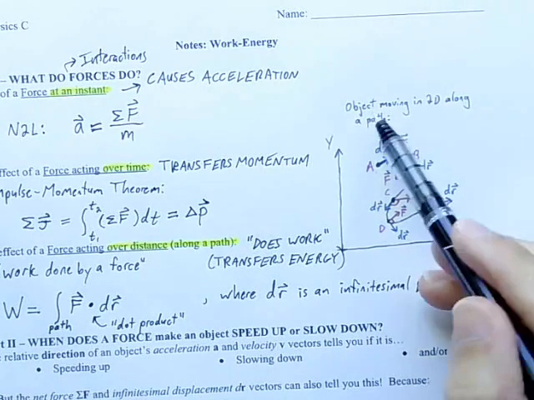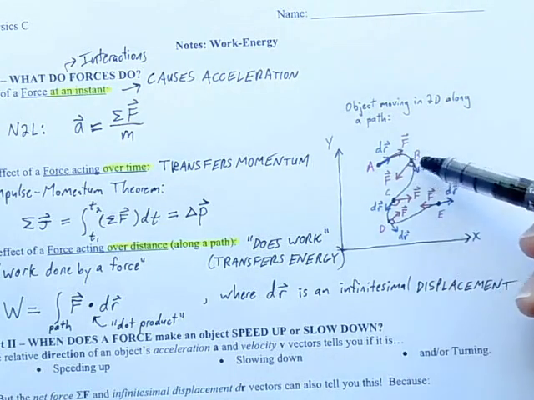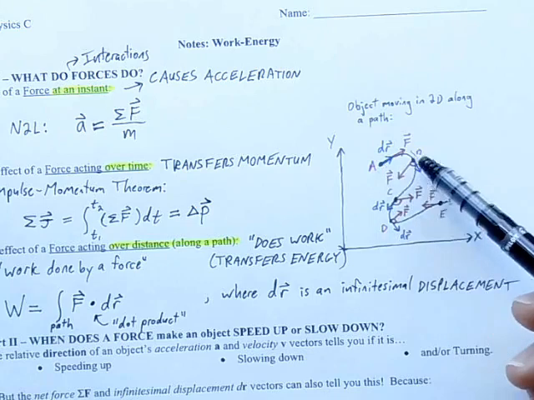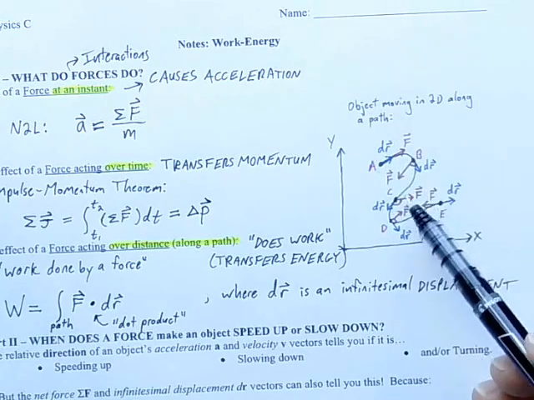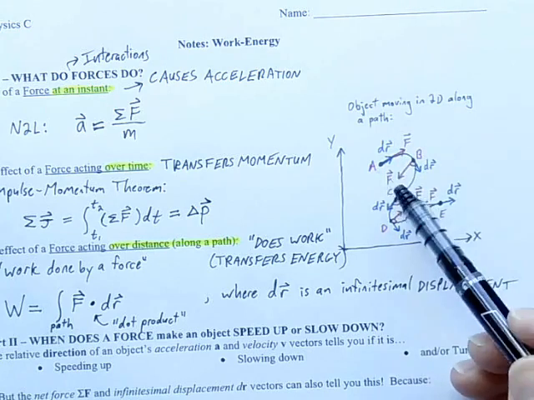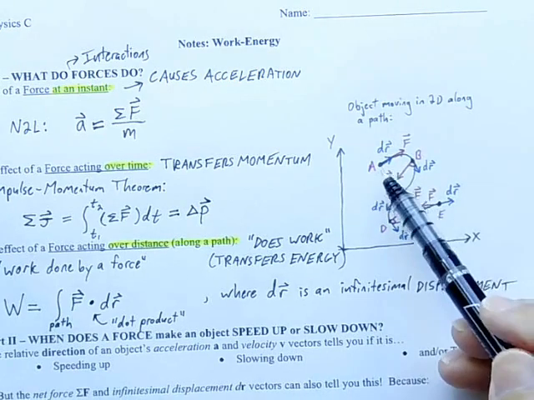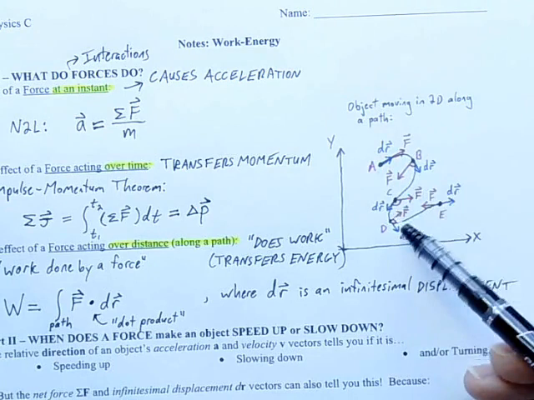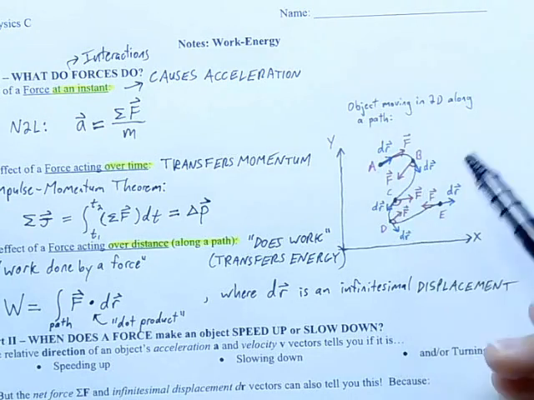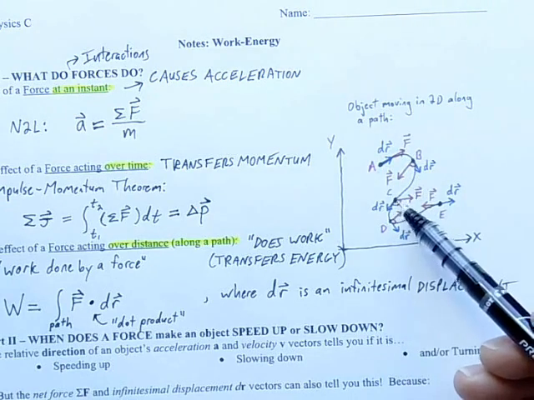And we've got an object moving in 2D along this curved path through that plane, starting at A and going to point E. At various points along the path, A, B, C, D, and E, I've indicated in blue a little displacement vector, an infinitesimally short vector tangent to the path at that point, pointing in the direction that the object is going at that instant.